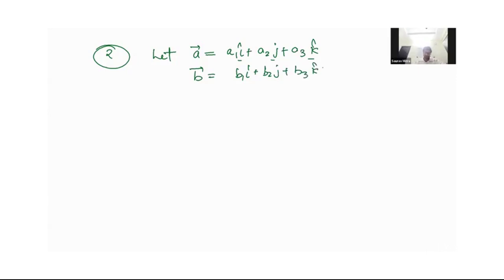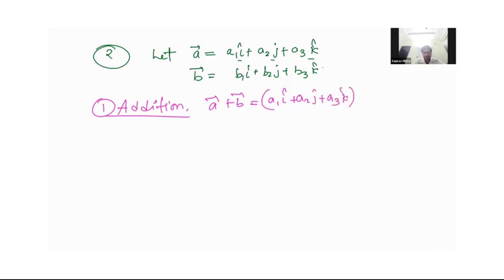Now let us discuss addition. For a vector plus b vector, we add component-wise: a1 i cap plus a2 j cap plus a3 k cap plus b1 i cap plus b2 j cap plus b3 k cap.